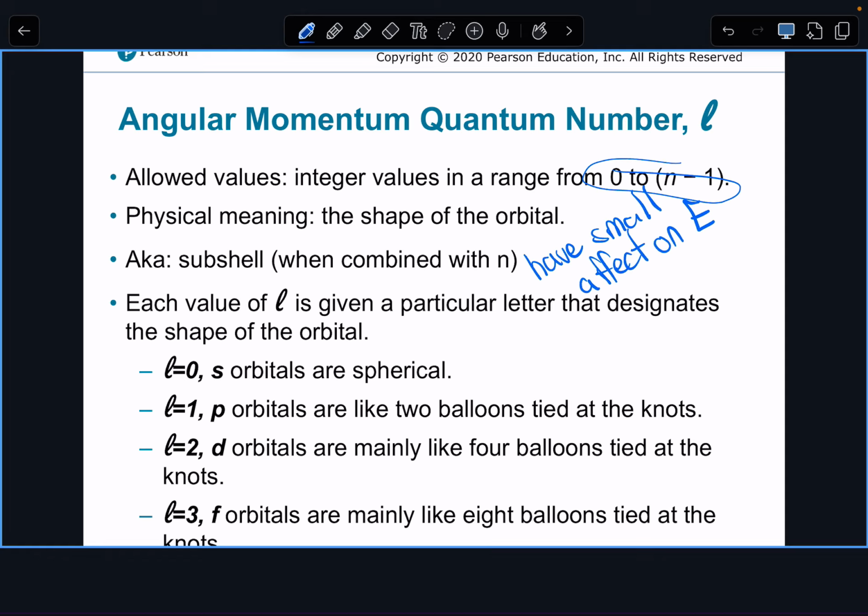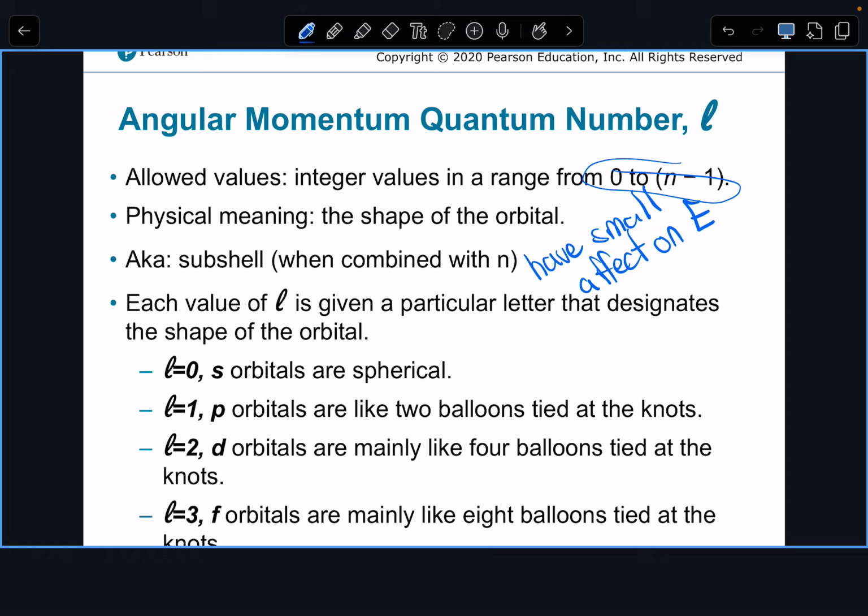So the bigger the L value, the higher that energy level is. For n equals 1, 0 through n minus 1, where n is 1, so 0 through 0, L can only be equal to 0 in n equals 1. So there's only L equals 0 in n equals 1.